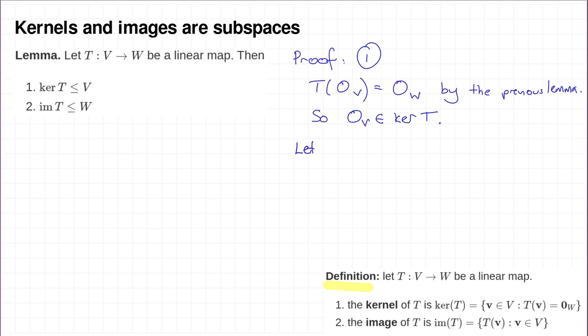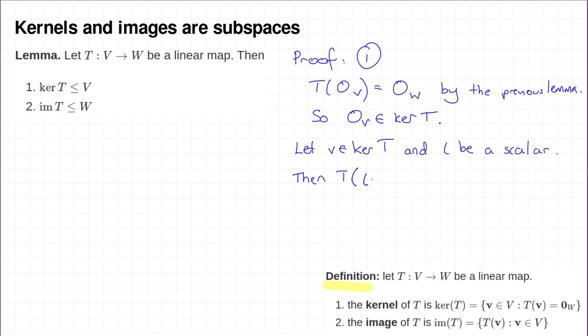So let's let V be an element of the kernel of T, and let's say our vector spaces are vector spaces over the field F. So then L will be a scalar, an element of F. I have to show that L times V is still in the kernel of T, because I'm trying to show that the kernel is closed under scalar multiplication.